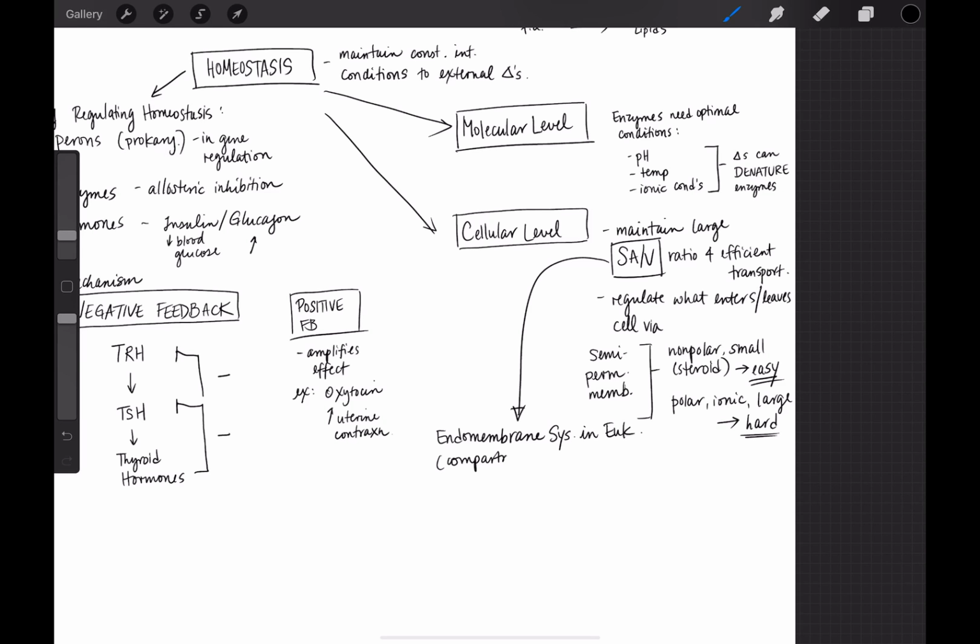So you are able to compartmentalize specific functions while still maintaining large surface area to volume ratios through the membranes that surround each organelle. Compartmentalization is possible because you have membrane-bound organelles that keep the surface area to volume ratio high.